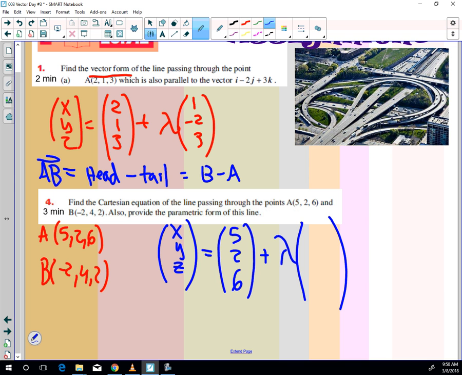That is something that students get wrong. You're not going to on the test, though, because you're going to remember that. All right, so B minus A: negative 2 minus 5 is negative 7. And then 4 minus 2 is 2. And 2 minus 6 is negative 4. Now I have my direction. Now the good news is, for this problem, if you did it wrong, your lambda would just be the opposite. But it's okay. We're going to try to be consistent. Then can you go the rest of the way? Figure it out?